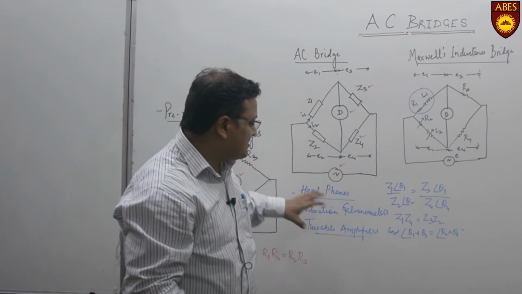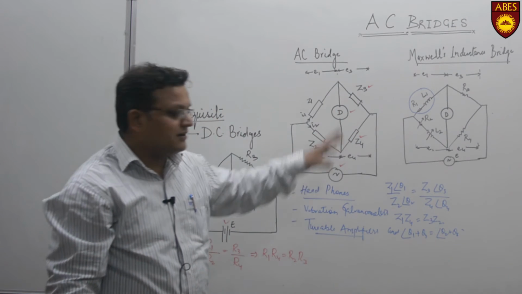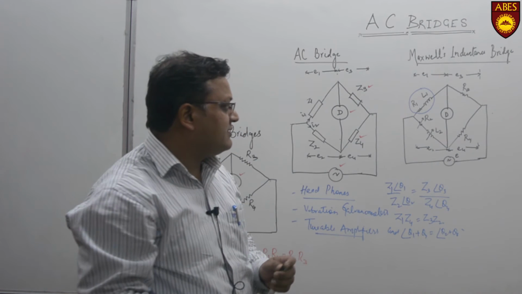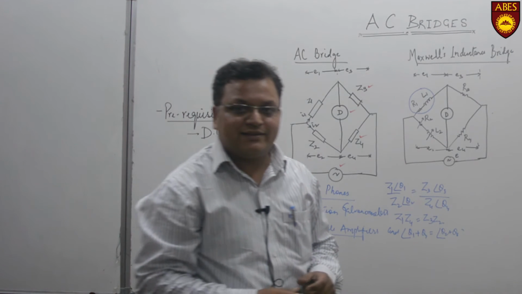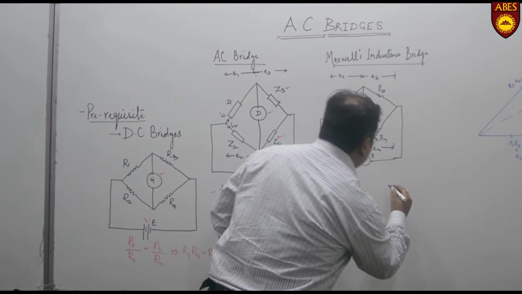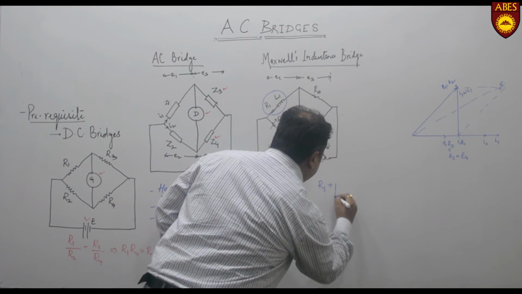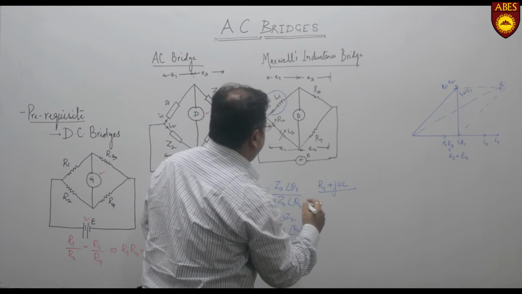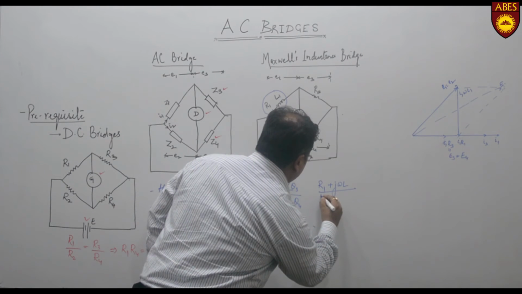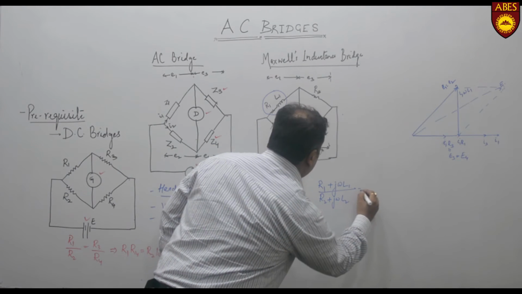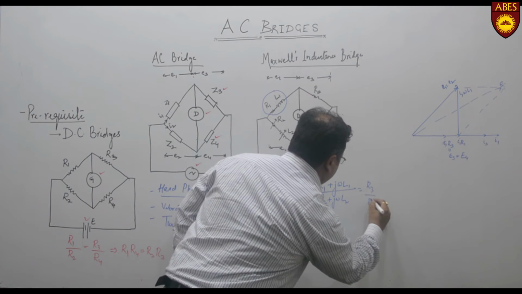If we apply this concept to Maxwell's induction bridge and try to derive the equation for inductance, it will be like this: R1 plus j omega L1 by R2 plus j omega L2 is equal to R3 by R4.